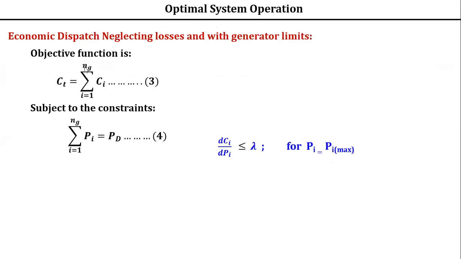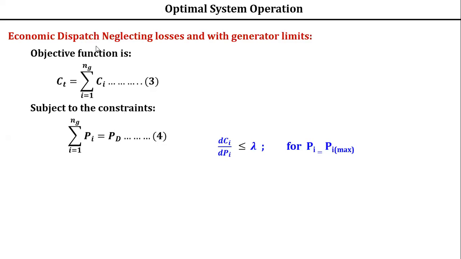This objective function is minimizing the total cost of production, or total generating cost CT, subject to the constraint that the total generation is equal to the total load demand.